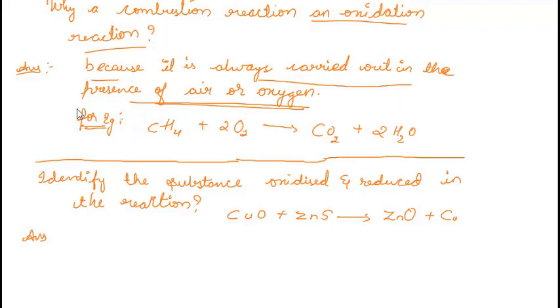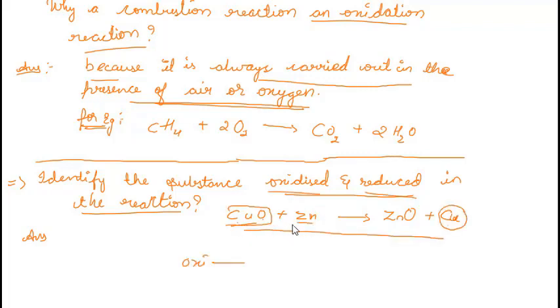Next question: identify the substance oxidized and reduced in the reaction. They gave one reaction: copper oxide plus zinc gives rise to zinc oxide plus copper. Here copper lost oxygen and zinc gained oxygen. Which is the oxidized substance?